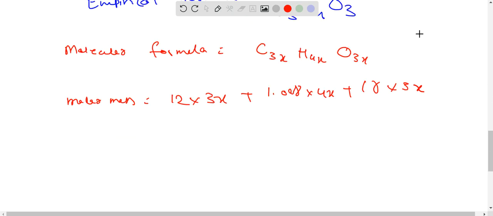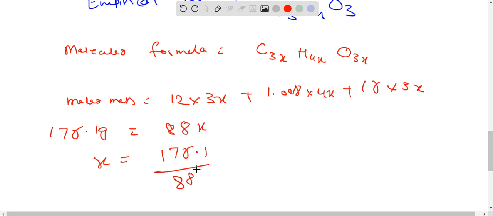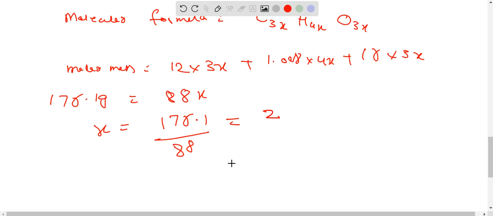As we know, the molar mass given for the sample is 176.1 grams, and the sum of these is also equal to 88x. So we have to solve for x. We get 176.1 divided by 88 is equal to 2. So x is 2. So substitute.